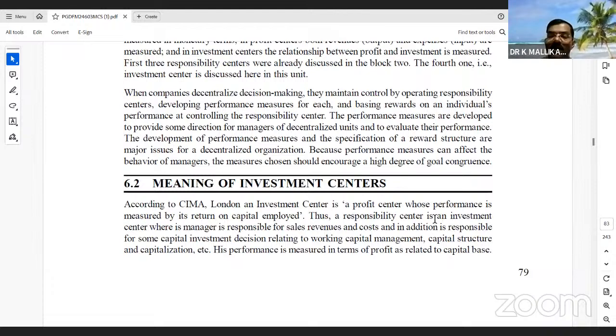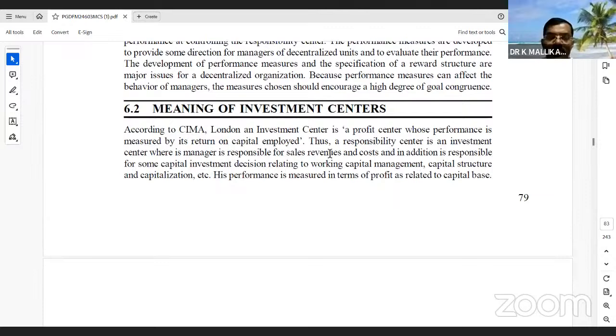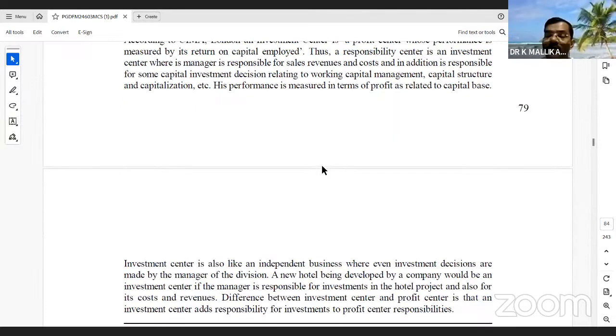Thus, an investment center is one where the manager is responsible for the sales revenue. If he is the manager of the sales department, he will see the sales revenue and cost, in addition to being responsible for some capital investment decisions related to working capital management, capital structure, capitalization, cost of capital, and various other things. So the manager's performance is measured in terms of the profit related to the capital base.